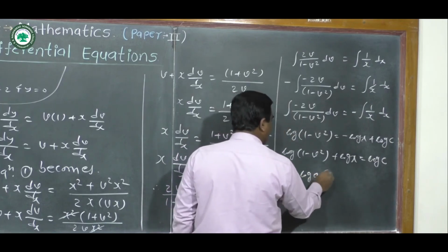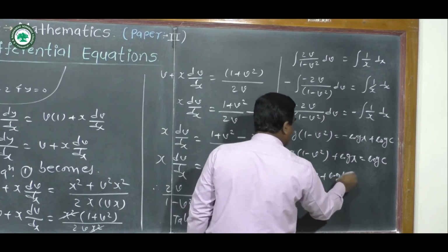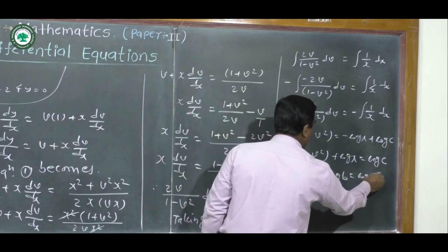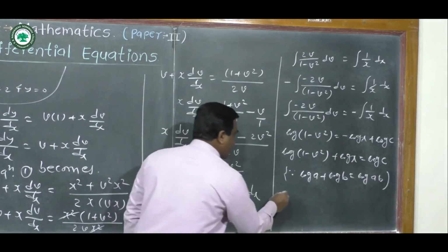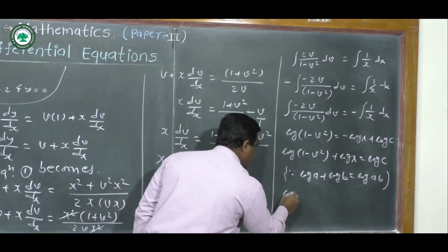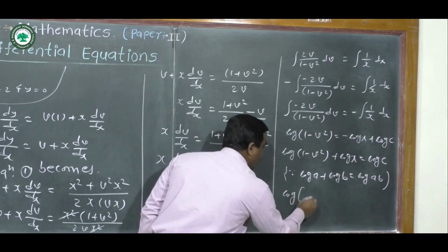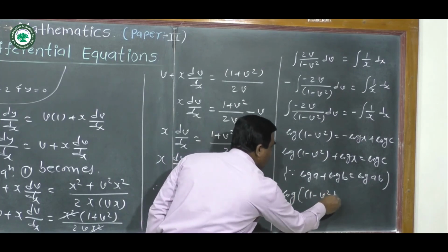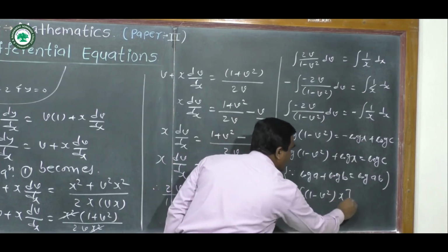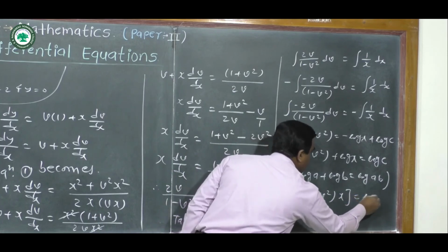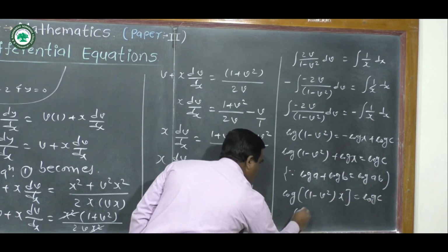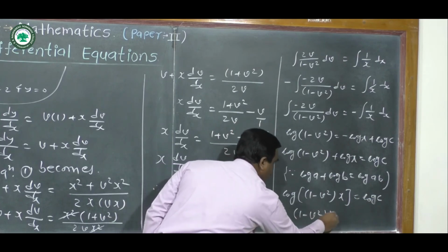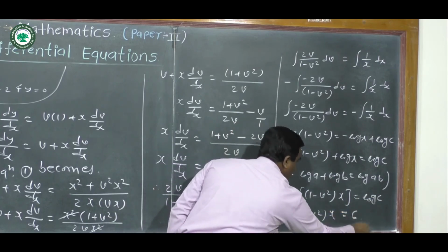Log a plus log b is equal to log of a into b. Okay, that is, we can write here log of, in square bracket, 1 minus v square into x is equal to log c. Now log is cancelled out, remains only 1 minus v square into x is equal to c.